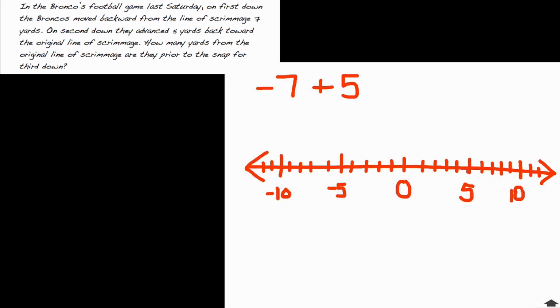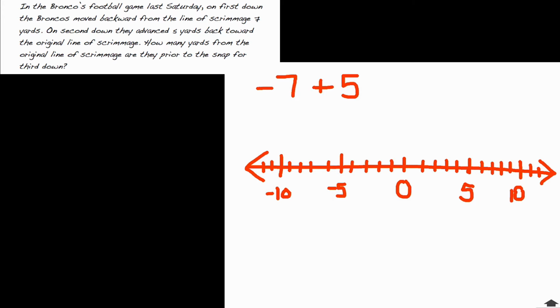Another method that we can use for solving the same problem is a number line. Now, I've already drawn my number line on my whiteboard so that it's ready to go. When I'm trying to decide how long to draw my number line, I went ahead and I put it out 12 spaces in each direction, because I know if I were to add these two together as if they were both positive, I would need at least 12 spaces.